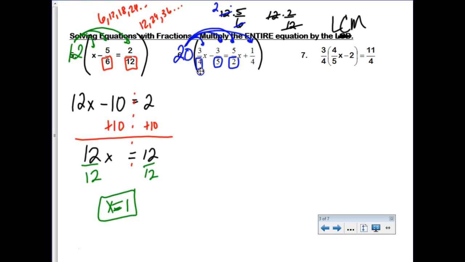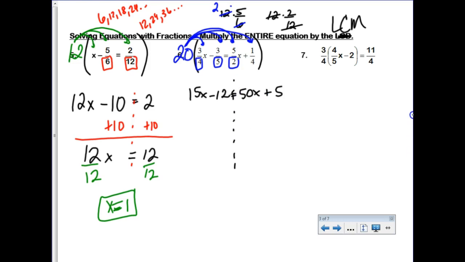20 times 3 over 4 is going to be a 15x. 20 times 3 over 5 is a minus 12. 20 times a 5 over 2 is a 50x. And then 20 times a 1 over 4 is a plus 5.